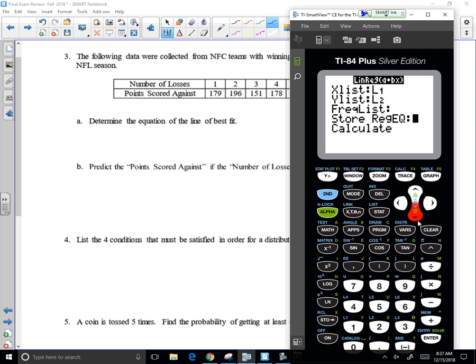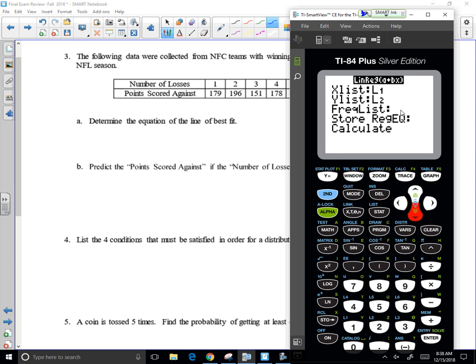All right. The key ingredient here, regardless of which option you choose, and we talked about this, I know it was a long time ago, back in September. The whole point is for us to not actually have to manually work with the equation. I don't want to have to solve this equation by hand. I want the calculator to do all the work. So in the end, it's not going to matter whether I use StatCalc 4 or StatCalc 8, as long as I don't screw up this step right here.